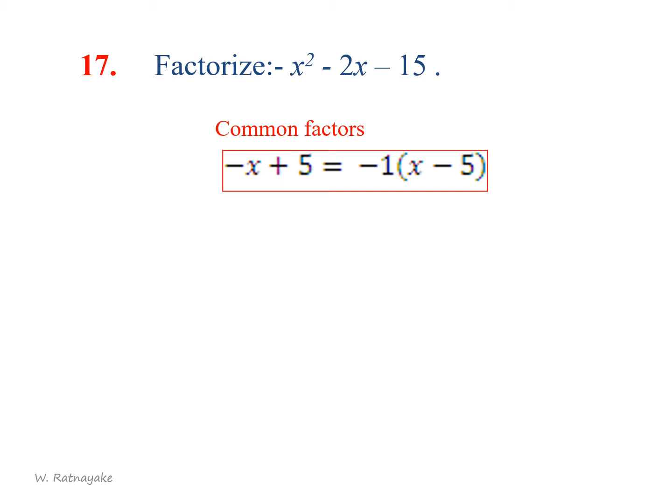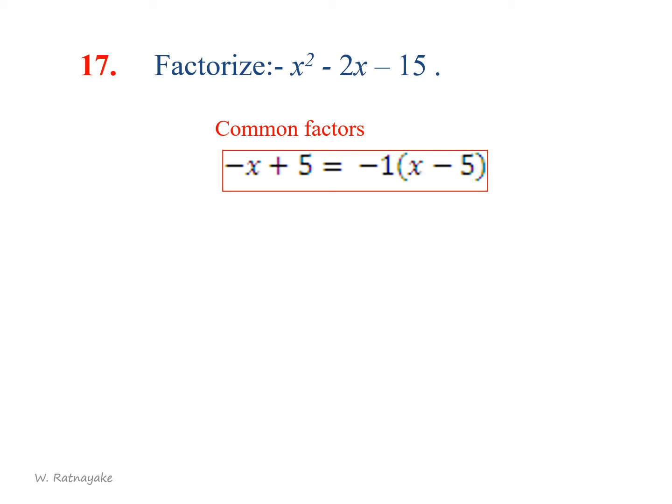If you take minus 1 as a common factor, minus x is minus 1 times x, and plus 5 is minus 1 times minus 5. Therefore, the binomial within brackets will be x minus 5. So the factorization of minus x plus 5 is minus 1 times x minus 5. So these are examples for common factors.